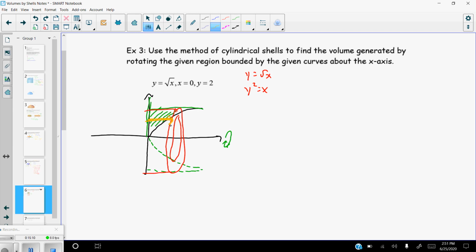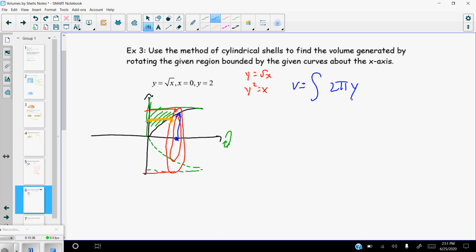So in this case, our radius, which goes from here out to here, is a y value. So our volume is going to be 2 pi y, instead of x, because the radius is now a y value.